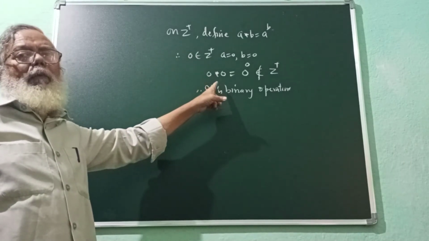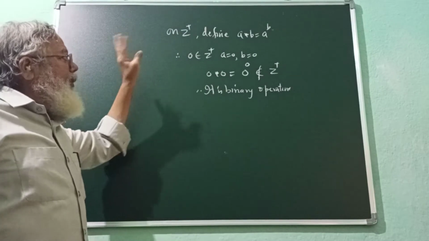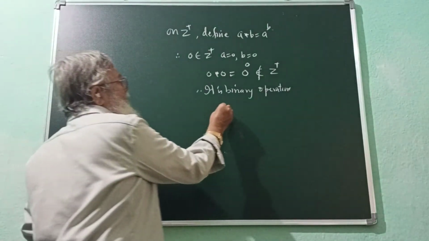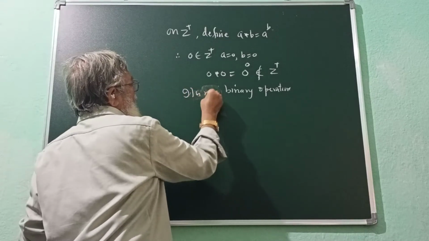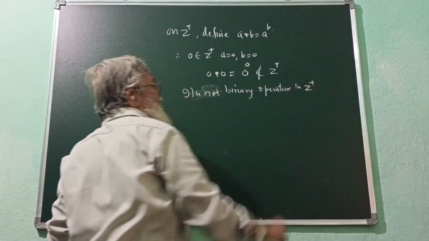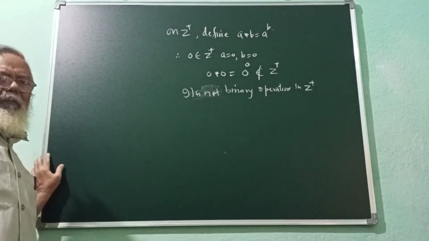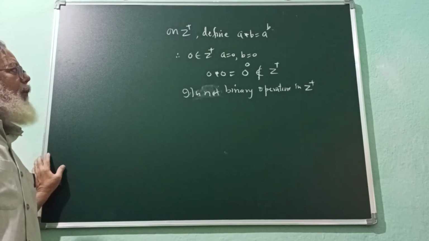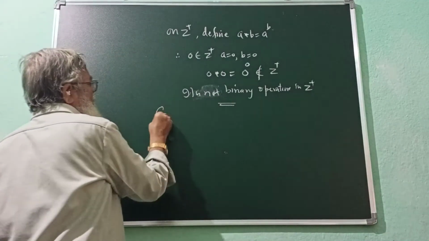This is also one of the possibilities, and for this it fails to be a binary operation. When it is not binary, it is not a binary operation in Z plus. It may be a binary operation on the set of natural numbers, but it is not a binary operation on the set of Z plus. Now commutative law, let us check.